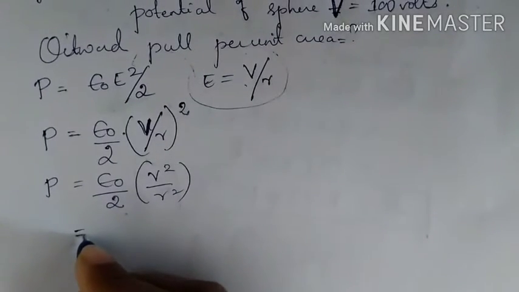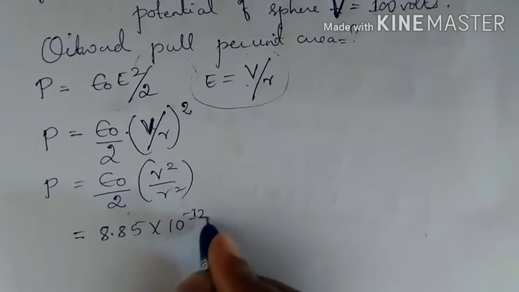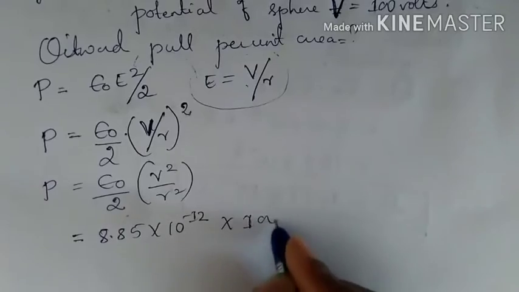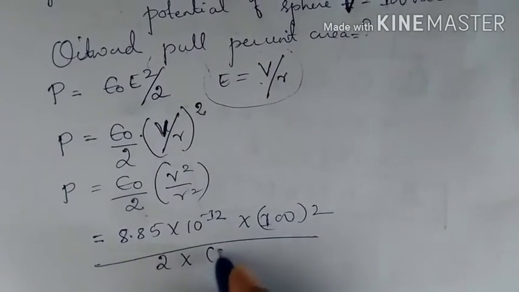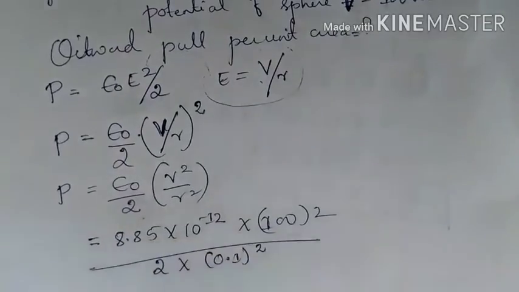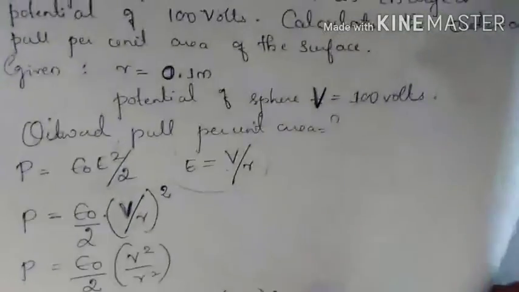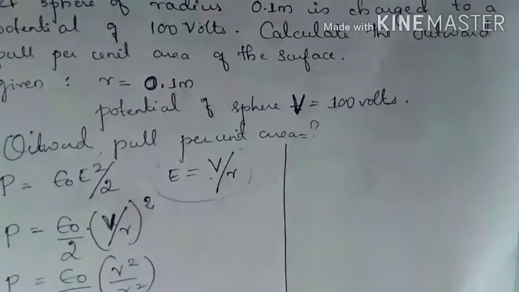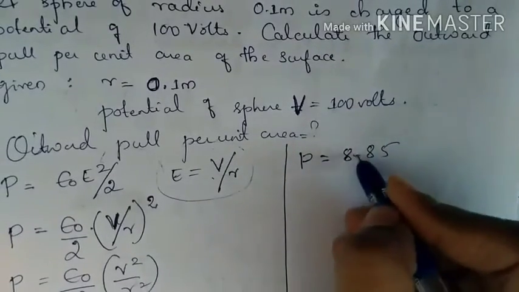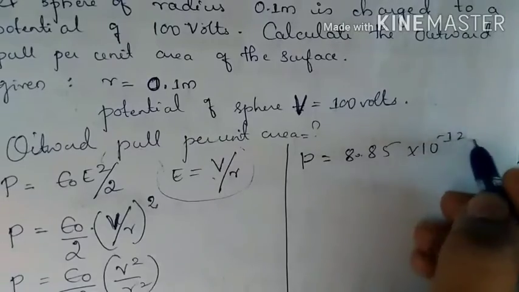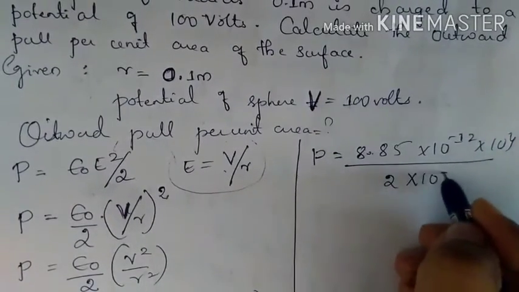So 8.85 into 10 power minus 12 into 100 square divided by 2 into 0.1 square. So what will we get? We will get P is equal to 8.85 into 10 power minus 12 into 10 power 4 divided by 2 into 10 power minus 2.